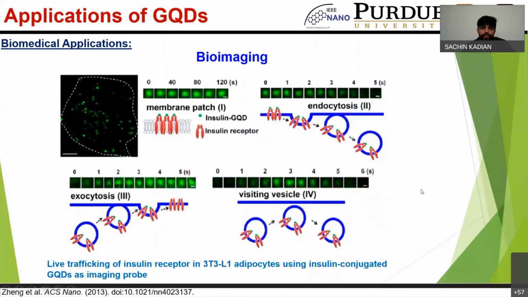They have also been used as bioimaging agents. If you look, Zhang et al. have used these insulin conjugated GQDs as an imaging probe for live tracking of the insulin receptor in 3T3-L1 adipocytes. If you can see here, these insulin conjugated GQDs have been attached to the insulin receptor, and they can be tracked throughout the process because they are glowing green in color.